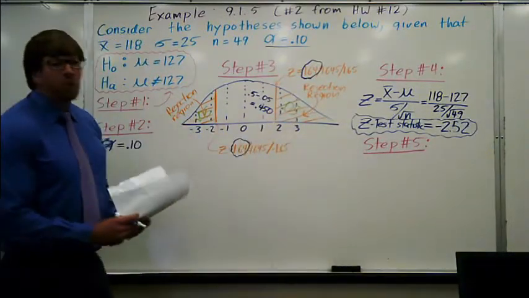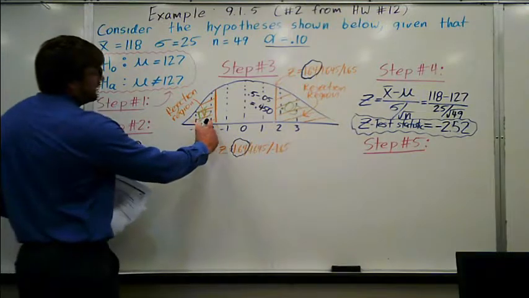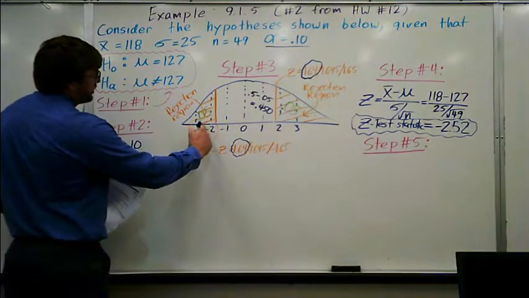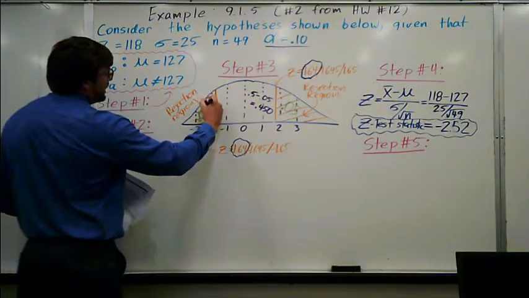So now we look, of course, negative 2.52 would be somewhere about right here.